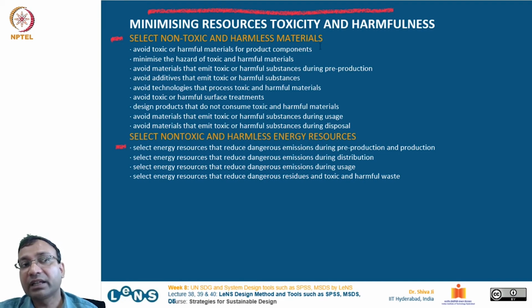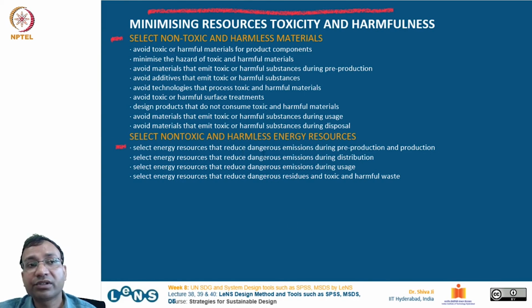So based on the life cycle stages, we can go through each and every stage and rework, so that the overall minimization in toxicity can be addressed at all those levels. Finally, select non-toxic and harmless energy resources.